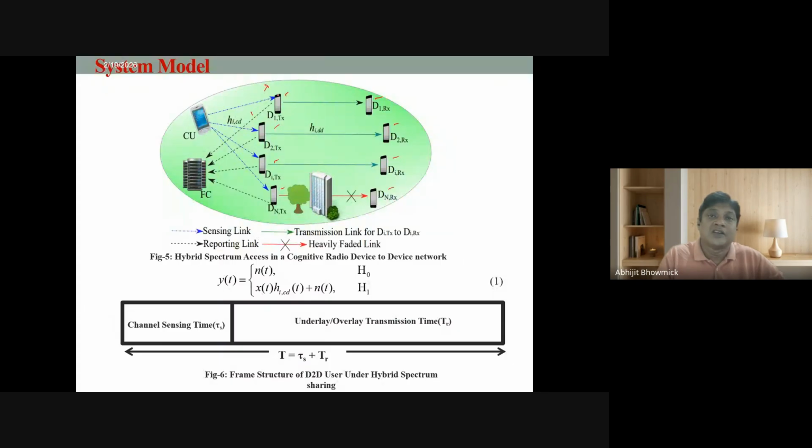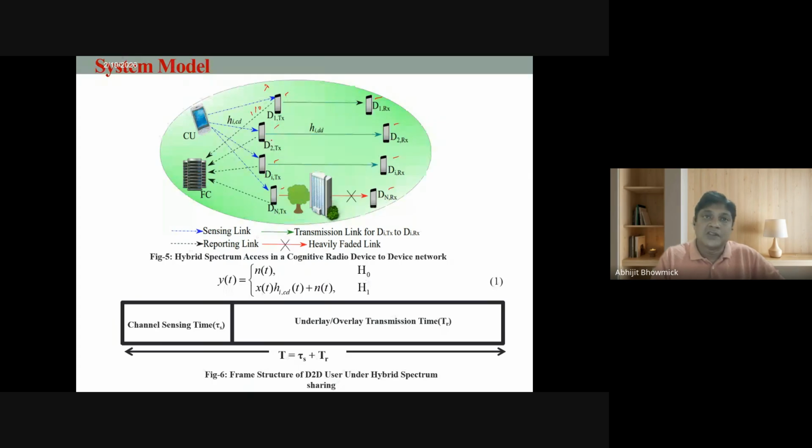If it finds that the CU user is present, it will take 1. Otherwise, it will take 0. These decisions are called hard decisions. These decisions are sent to the fusion center. Then, using some fusion rule, it may be AND, OR or majority, different rules are there. Based on that, the overall decision is made, and that overall decision is conveyed to these transmitters.